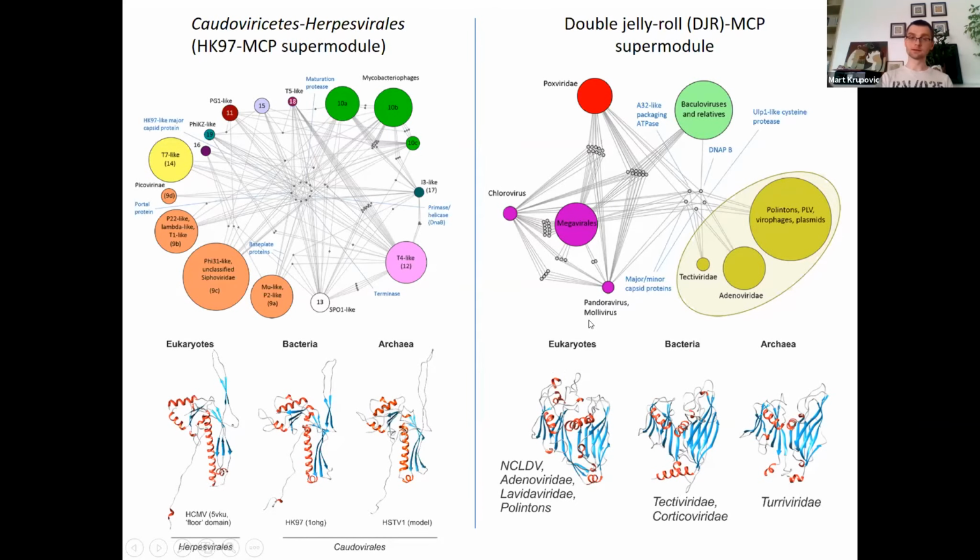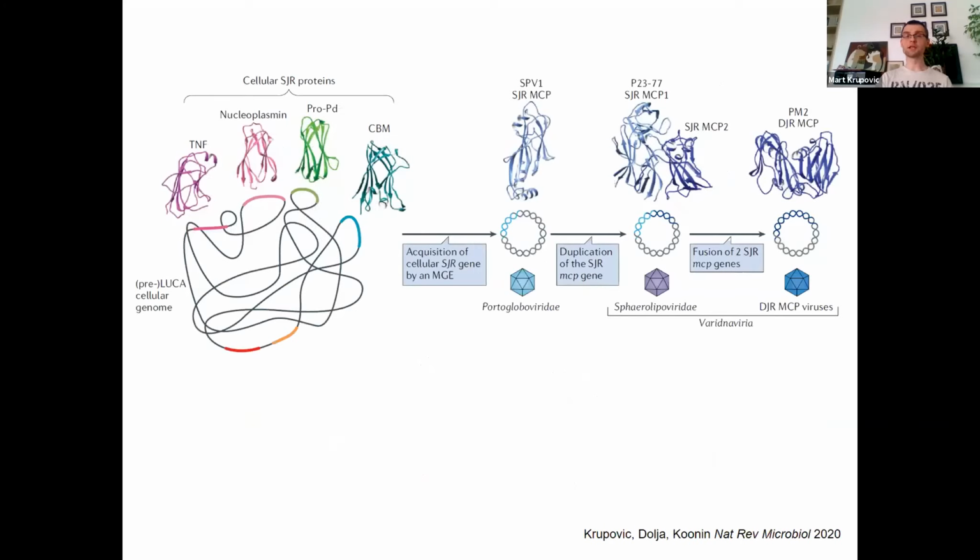Right. So where do these capsid proteins come from? Again, I will repeat myself here: the double jelly roll capsid protein, we can trace back the origin of this capsid protein to cellular proteins. It is believed that the double jelly roll capsid protein, which consists of 2 single jelly roll domains, has evolved from 2 separate proteins, and we indeed have such viruses with 2 major capsid proteins, each of which has a single jelly roll fold.